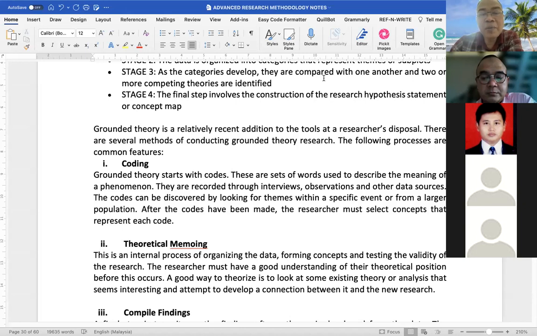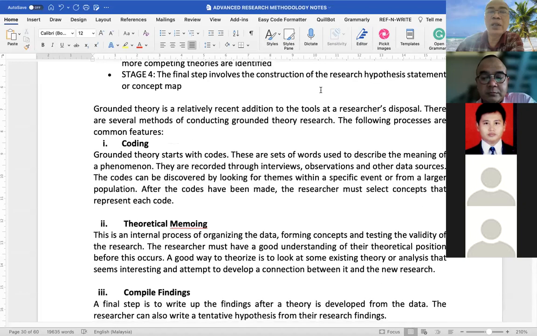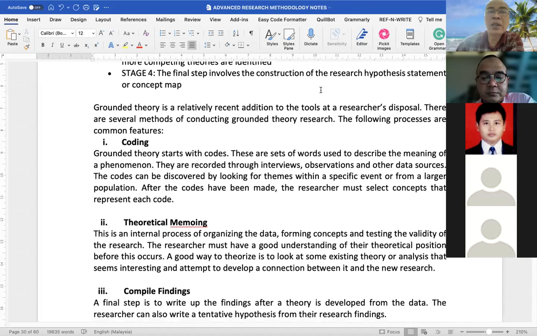After the codes have been made, the researcher must select concepts that represent each code. So concepts related to the compliance of zakat, for example, religiosity and subjective norms. Okay, process number 2 is theoretical memoing.